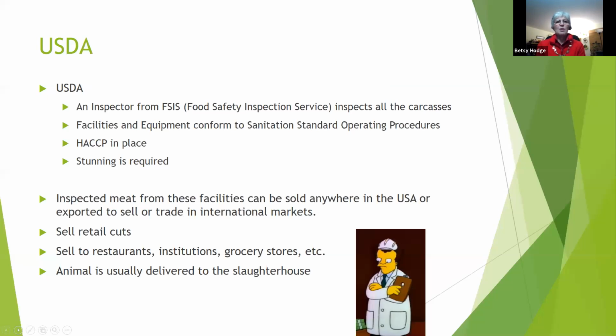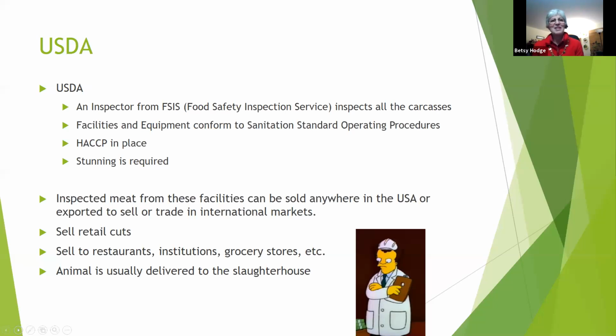The facilities and equipment, the building, in other words, also conform to the Sanitary Standard Operating Procedures, which is the SSOP. And they are inspected by the same inspectors or other USDA inspectors to assure that the actual facilities are in good shape and meet their standards. They also have a HACCP plan, that's a hazard analysis of critical control points.